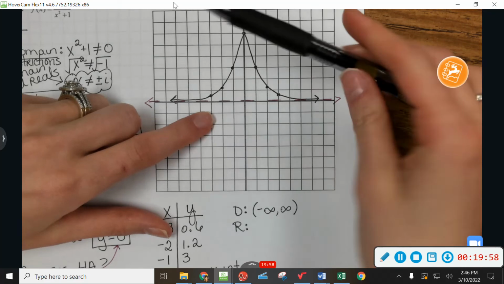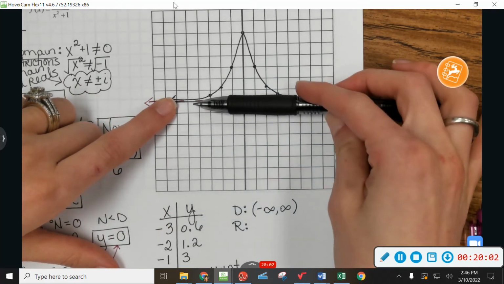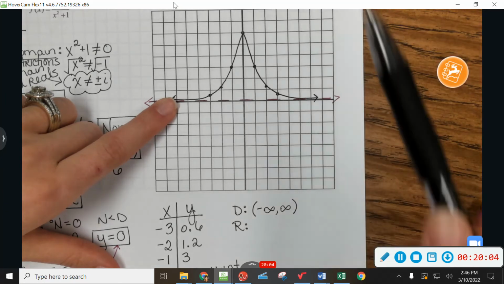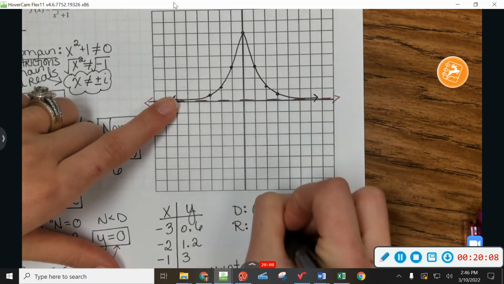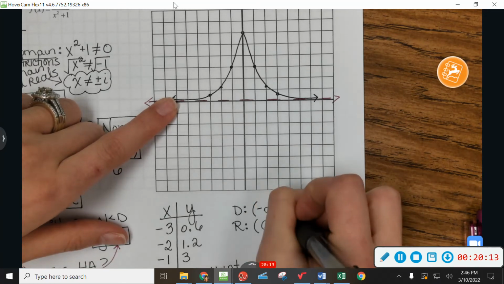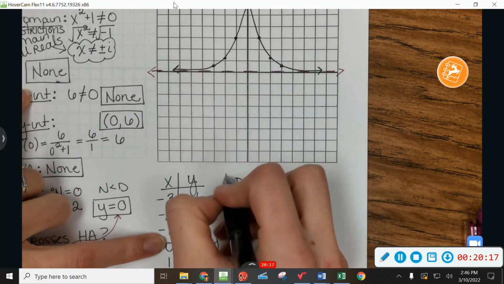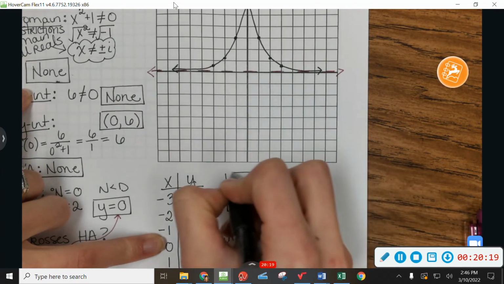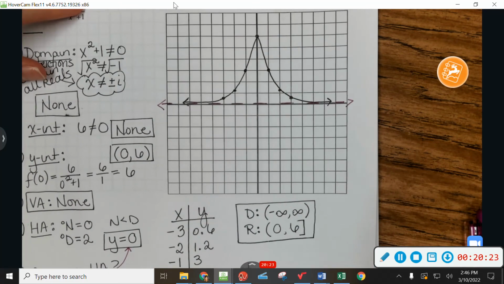So my asymptote is 0. I'm not going any lower than that. My asymptote is 0 and my max point is 6. So the 0 has a parentheses. The 6, is that going to be a parentheses or a bracket? It's going to be a bracket because I actually have a point on that graph at 6. Y'all good with that? Y'all have any questions?